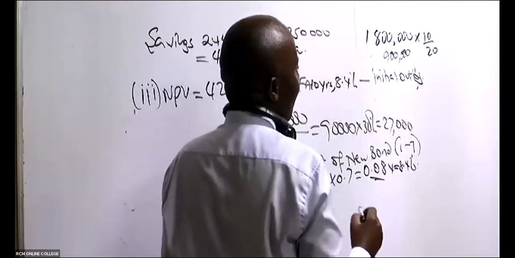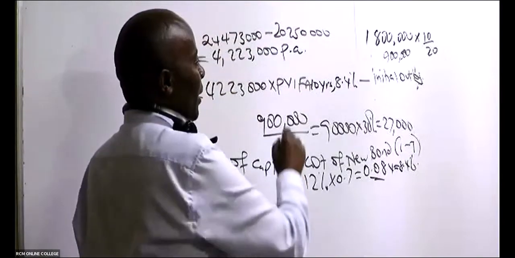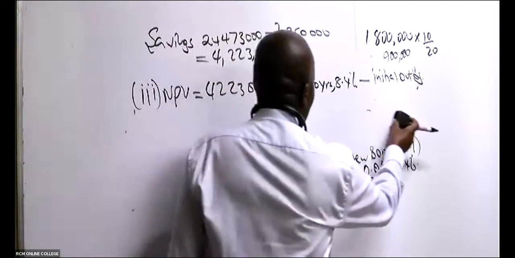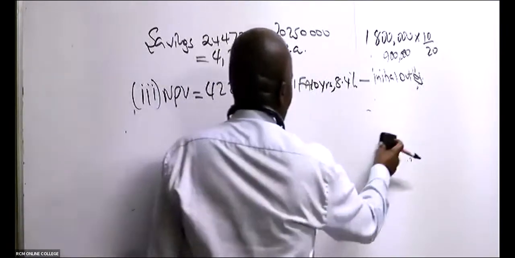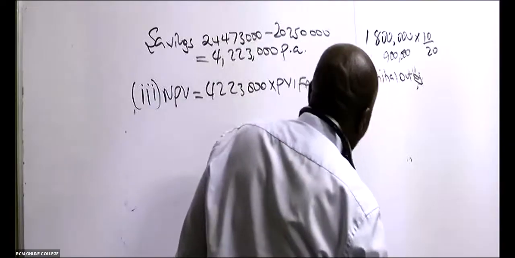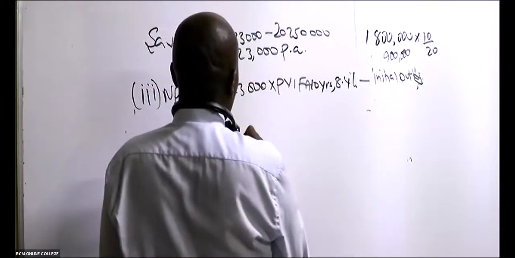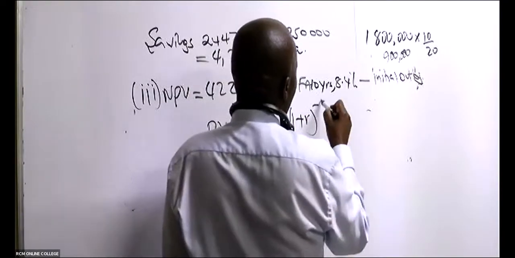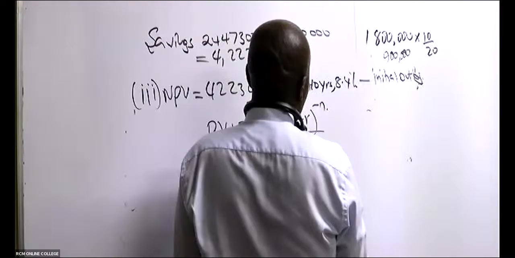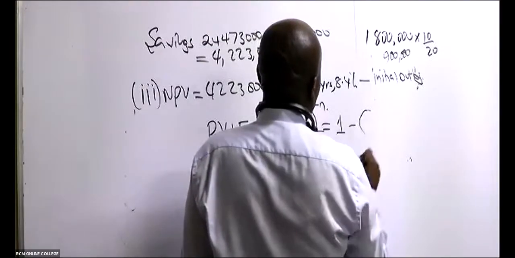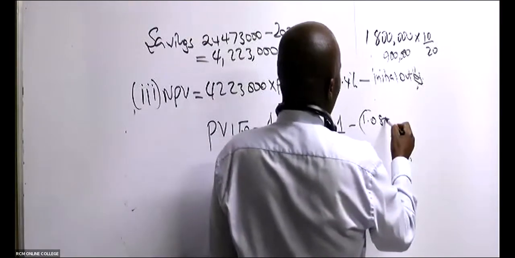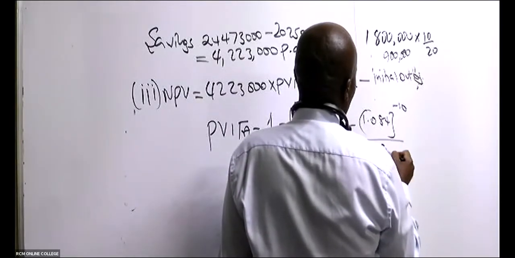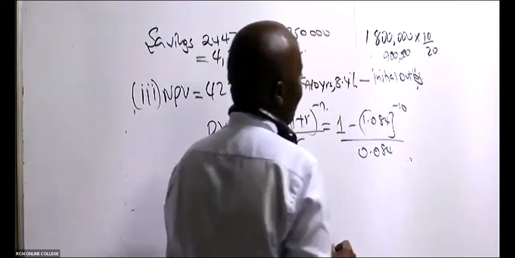So 8.4%, and we less the initial outlay. Let's first of all get that PV for ourselves. Remember, the formula is 1 minus 1 plus R raised to negative n, all over R. So it will be 1 minus 1.084 raised to negative 10, everything divided by R itself, 0.084.